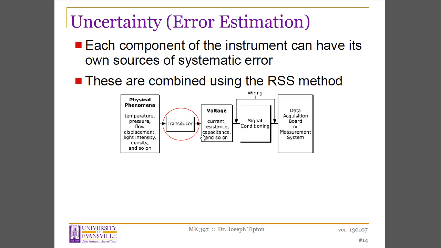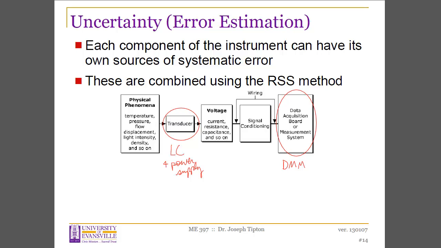We have a transducer, and then we have a data acquisition board or measurement system. Our transducer in this case is a load cell plus actually a power supply. And our data acquisition system for the week is going to be a digital multimeter.